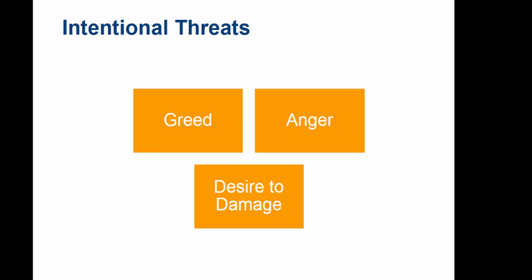Here we go. So as we mentioned, a threat is any activity that represents a possible danger. This includes any circumstances or events with the potential to adversely impact confidentiality, integrity, or availability of a business's assets.